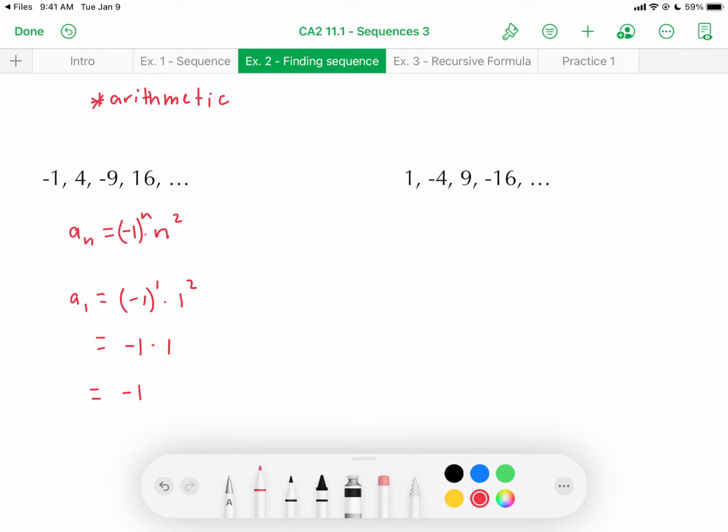Let's try a sub 2. That would be -1 to the second times 2 squared. What's -1 to the second power? +1. And then 2 squared is 4. So 1 times 4 gives me 4. So it seems to be working, right?